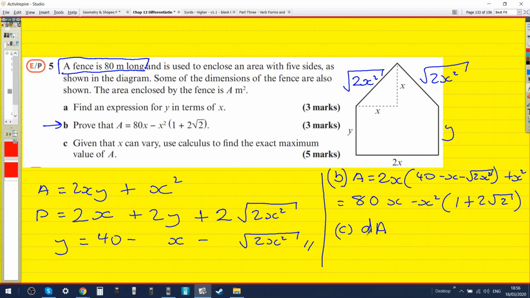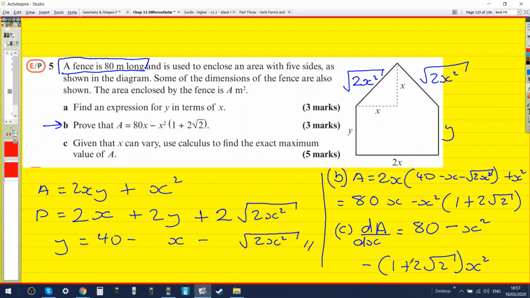So dA over dx is equal to 80 minus x squared plus... Another way of writing that would be minus and then that number first, and then x squared. You know the way differentiation works, it's power times coefficient?